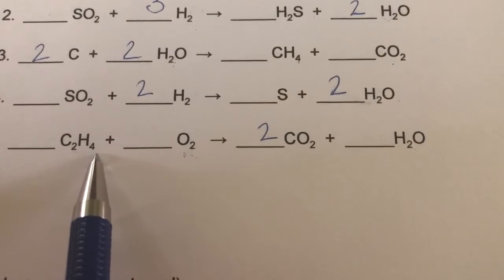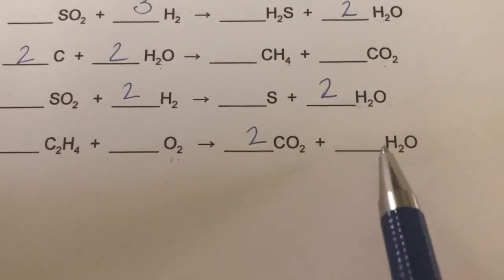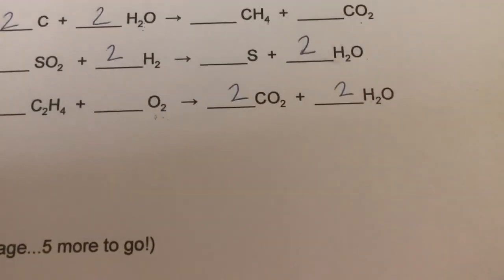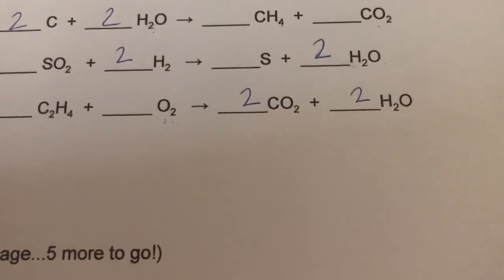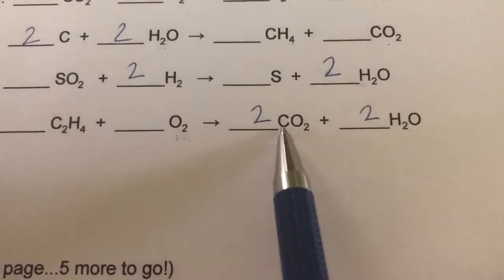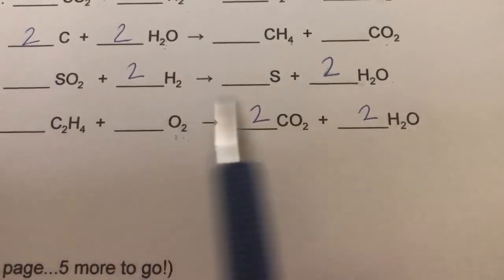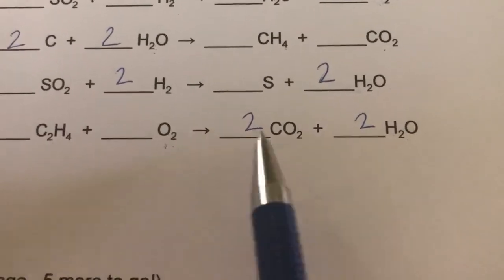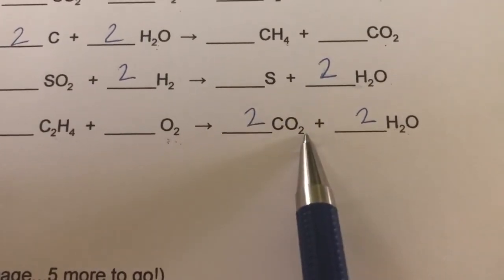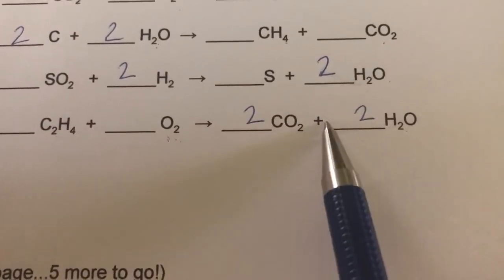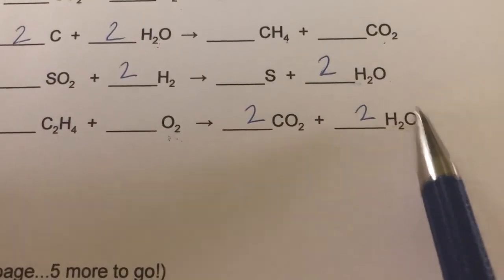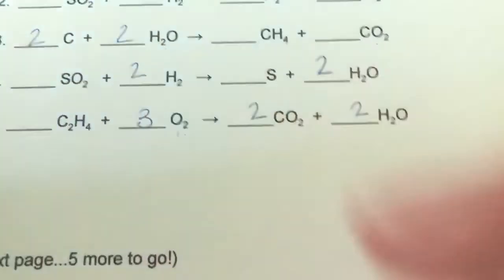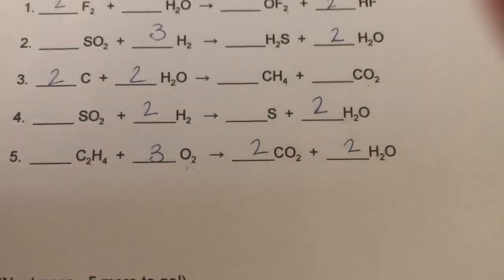So I have 4 hydrogens, and on the product side I have 2 hydrogens, so I need a coefficient of 2. So 2 carbons, 2 carbons, 4 hydrogens, 4 hydrogens. Now I got to take care of my oxygen. So 2 times 2 is 4, plus 2 times 1, which is 2. So 4 plus 2 is 6, and I need a coefficient of 3, and we are balanced.